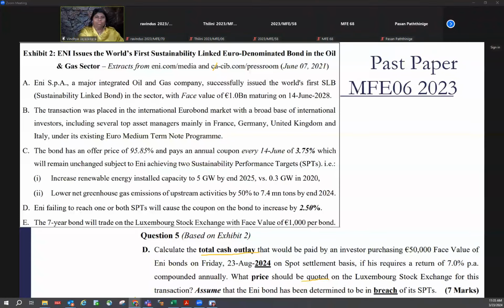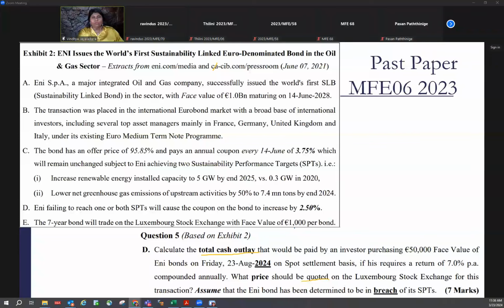You see 3 face values here. You have a 1 billion face value. That's the total issue size. They are raising an issue which has a 1 billion face value, right? So that's the amount of money. Of that 1 billion face value, the investor is purchasing 50,000 face value.